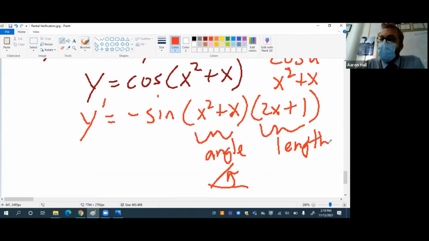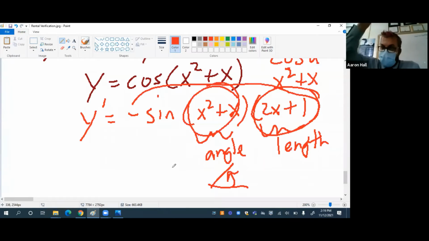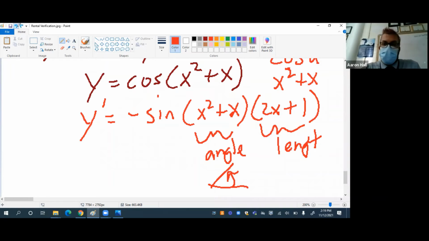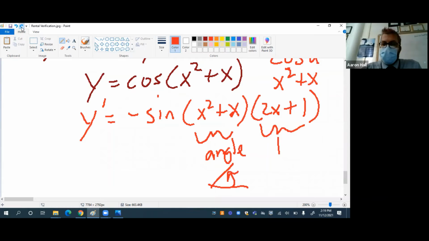You cannot distribute, these are different units. If we wrote this with this in the front, you can see that that is my amplitude and this is my angle. That's how high your graph goes. So you cannot distribute. Okay. Just leave that there. It's my length. Okay.